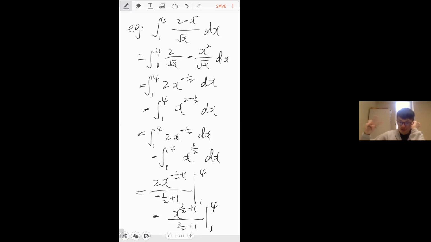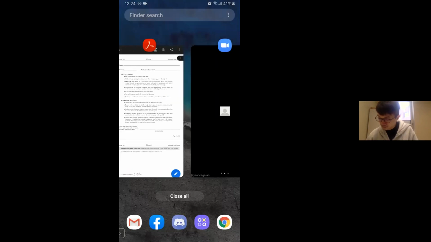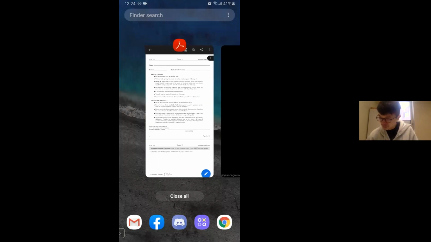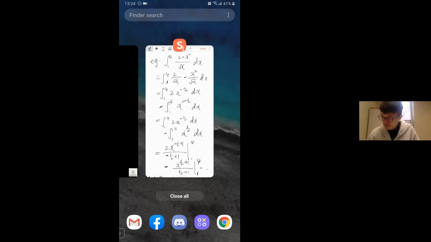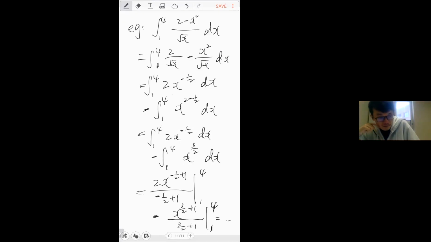If the function is continuous on the interval given by your lower limit and upper limit, then you can use the fundamental theorem of calculus. All right, and I'll let you compute this one. So you plug in 4 and 1, and then you get the final answer. Questions? Okay.